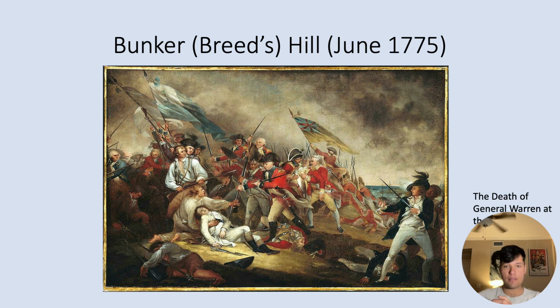The British basically launched a full-scale attack, and although they eventually captured the hill, they suffered over 1,000 casualties, right? A lot of people died during this. This battle demonstrated that the colonists were capable of standing up to the British army, even though they were not ready yet to claim victory. So, this is what's going on. As you guys can see in that picture, man, there is a lot of war going on. And I can't really read to you what that says on the bottom, but let's go ahead and move on.